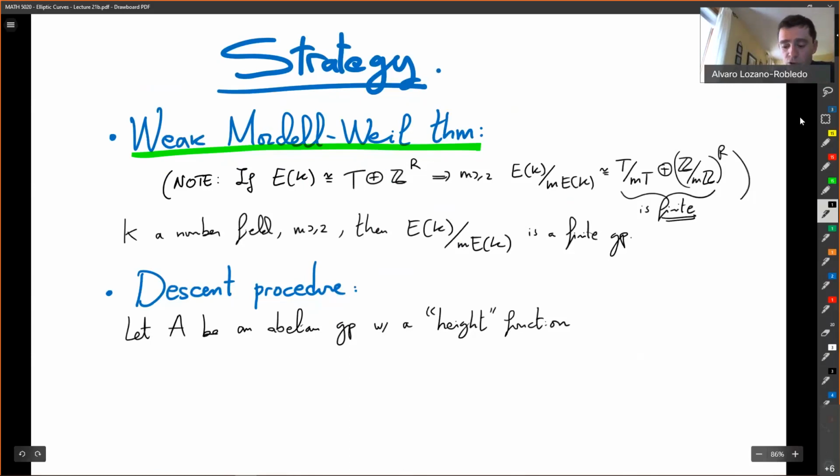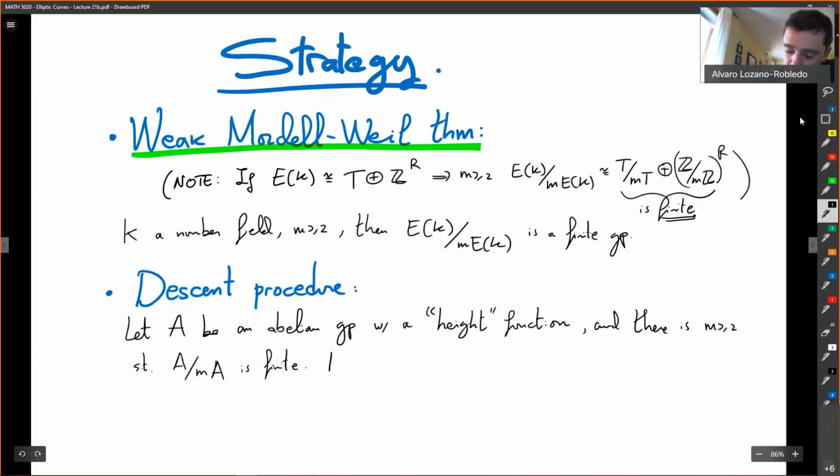And suppose that there is a height function and there is one m. The Weak Mordell-Weil theorem says that for every m, the quotient E mod mE is finite. But for the descent procedure, we just need there is one m such that A over mA is finite.